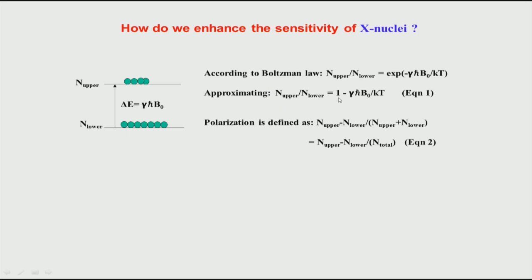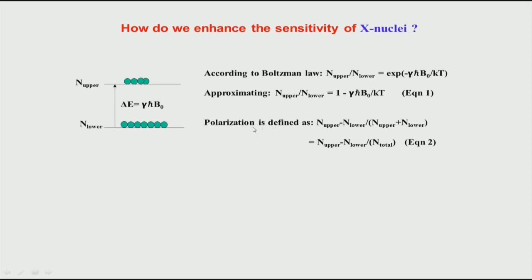Now, if you see here further, let us say I do a little bit of algebra, which we will not go into in detail. If you do a little rearrangement of this equation, you will see that this term can now be defined. We will say that there is a term called polarization.